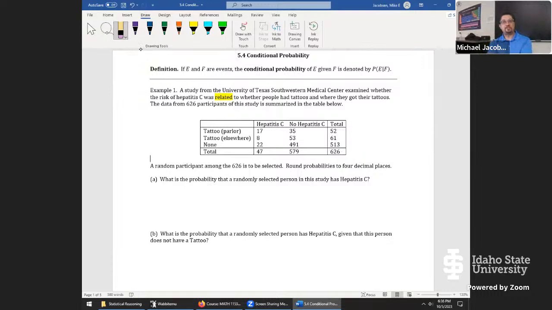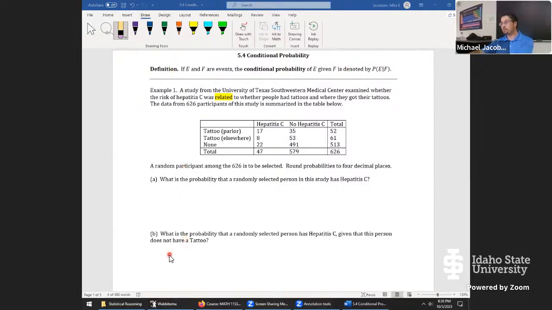So section 5.3 is dangerous just because we get used to dividing by 1,000, but in 5.4, that would change up. So it now says, here's the random experiment. A random participant among the 626 is to be selected, and we'll round whatever values we come up with to 4 decimal places.